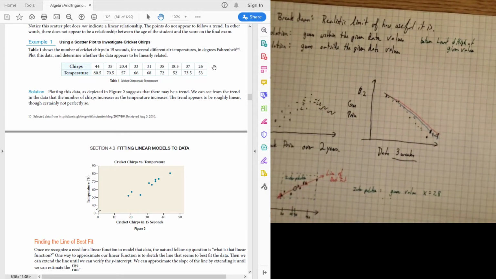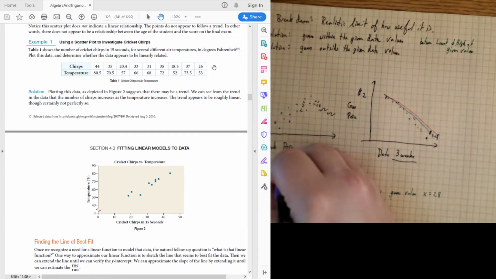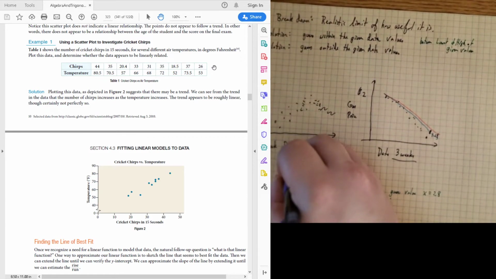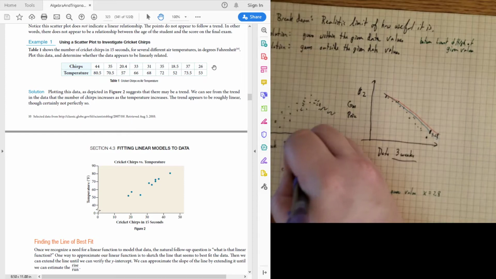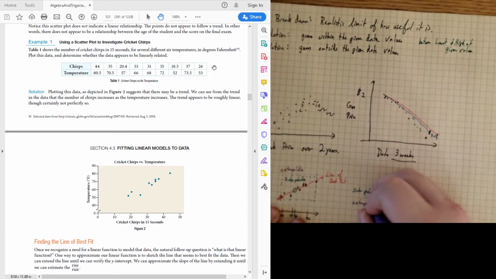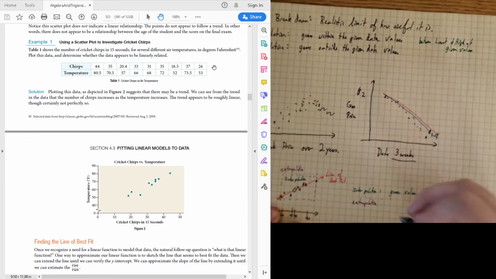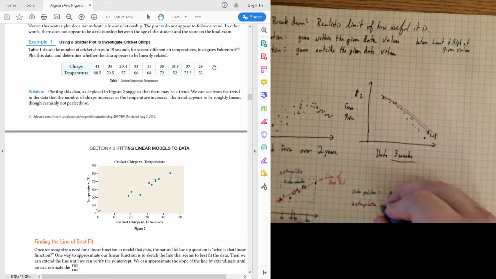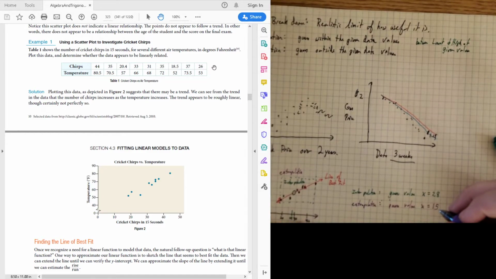So how does this compare to extrapolation? An extrapolation question would be very similar, but it might ask, guess the value when x equals 15. You notice again, 15 is not in my given information.